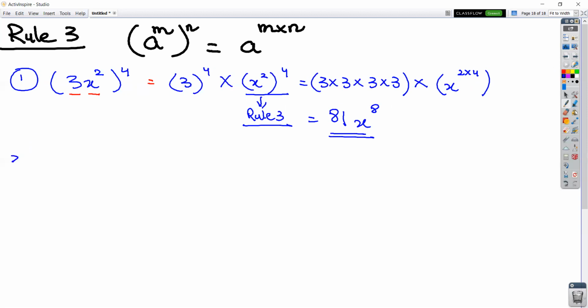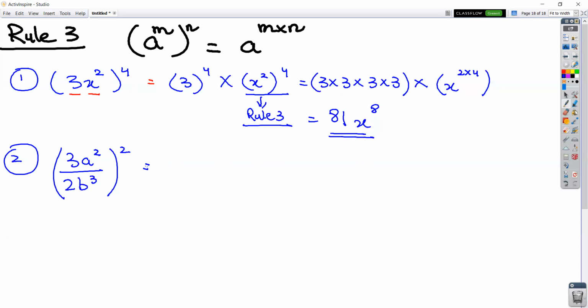All right, now I'm doing the next one. This is 3a squared over 2b cubed, with the whole power 2. It is different to the first one because the first one was written only in numerator form, but the second one is written in fraction form with the whole power 2.